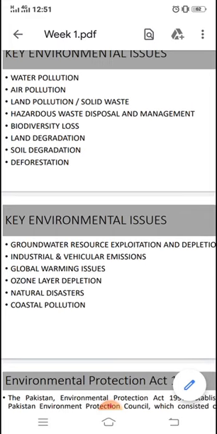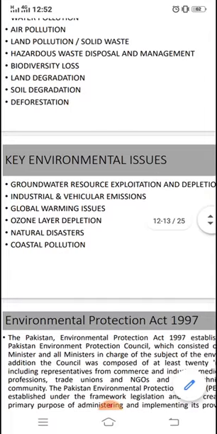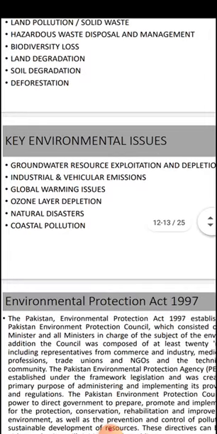Second, we have some soil degradation due to soil erosion, especially while flooding, this soil is going to be degraded, soil is going to be eroded. Then we have some deforestation issues.